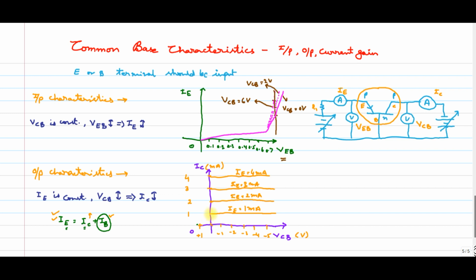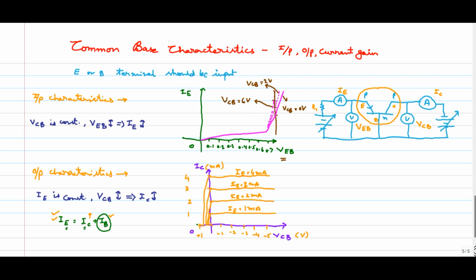If you provide a small amount of forward voltage after 0, this line will come like this and reach 0, similarly this line, this line, and this line also reach 0.